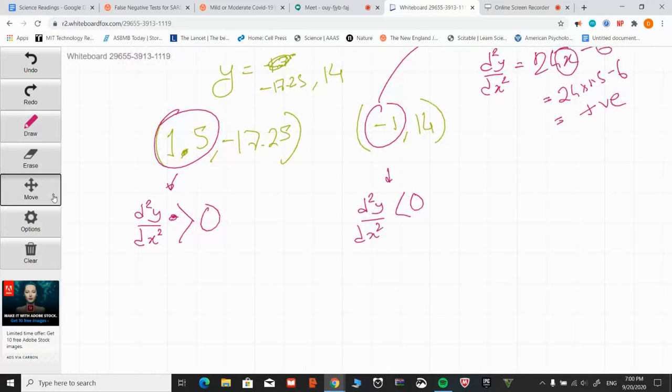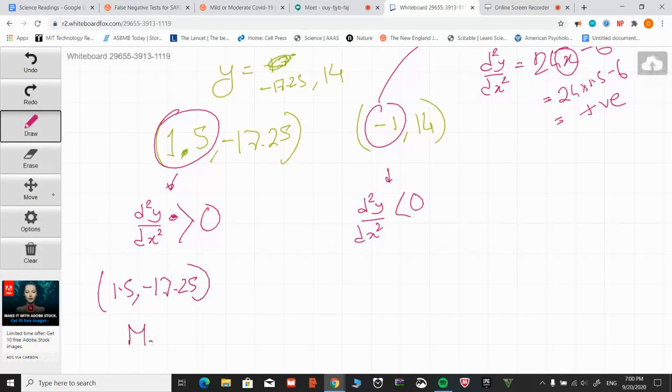Thus, positive জন্য minimum, so 1.5 negative 17.25 is our minimum point, and this is our maximum point.